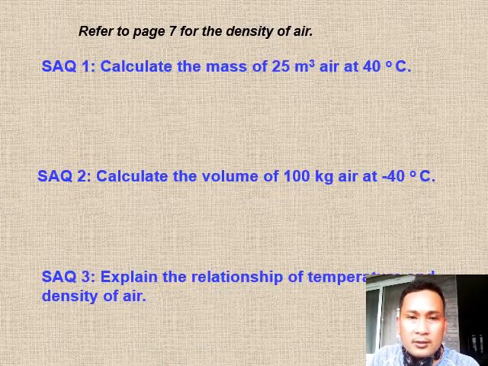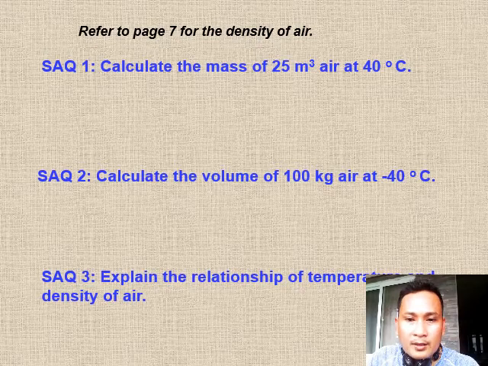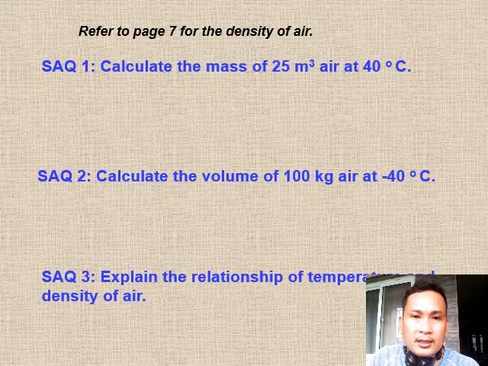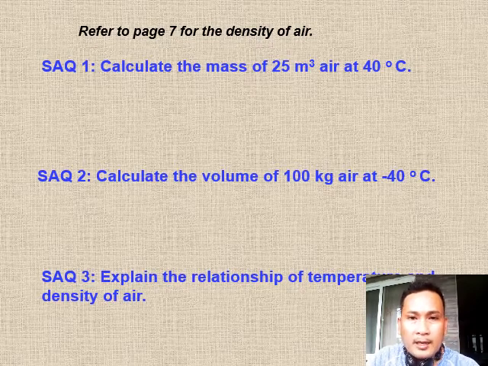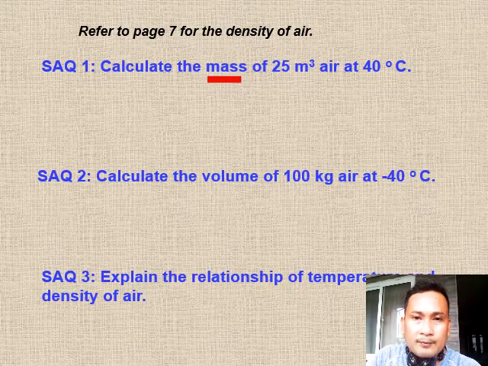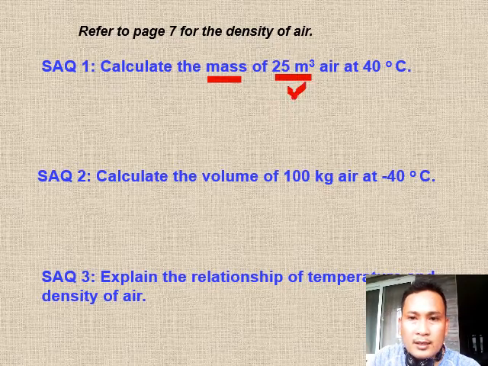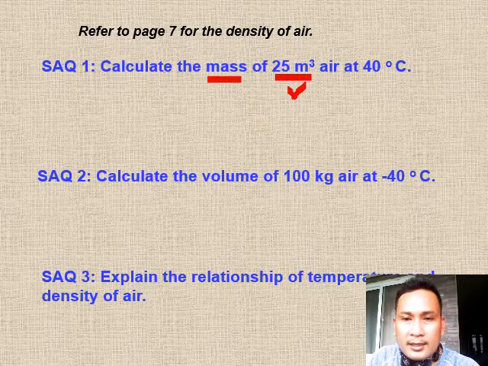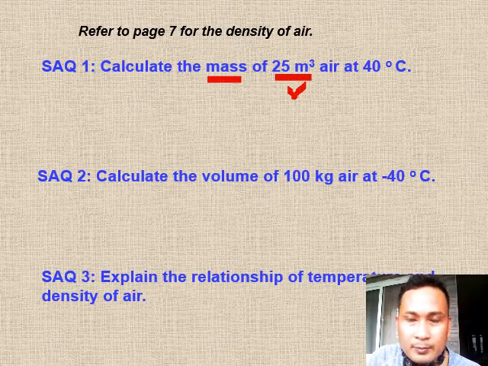So let's proceed here to your SAQ. The number one problem is just like the example problem, the sample problem, right? So we are looking for the mass, wherein volume is given, but here the density is not written in the problem.